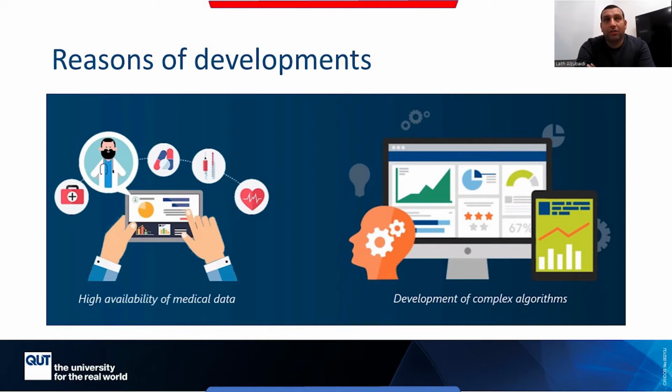For a very long time, machine learning algorithms were the dominant ones, until they got to a point where they were not able to deal with very complex and large amounts of data. Deep learning is able to handle that complexity, along with computational tools like GPUs, TPUs, and so on.